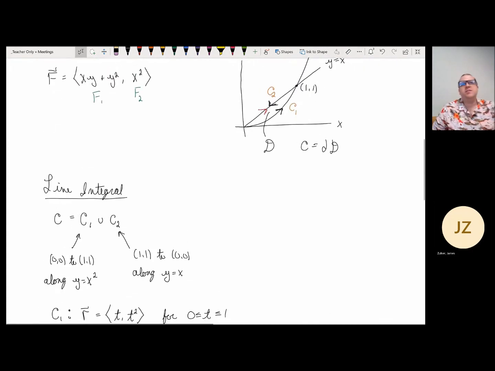So how do you want to describe the region? Is it y equals x minus y equals x squared?